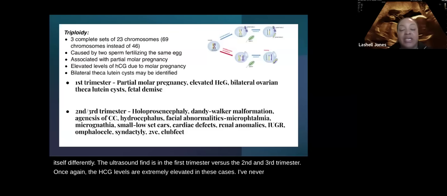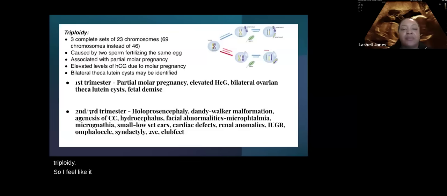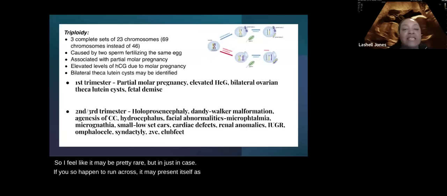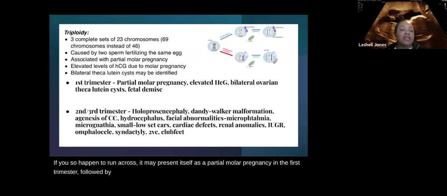I've never seen a triploidy, so I feel like it may be pretty rare, but just in case you happen to run across it, it may present itself as a partial molar pregnancy in the first trimester, followed by bilateral ovarian theca lutein cysts. So the ovaries are extremely large, and unfortunately, fetal demise.